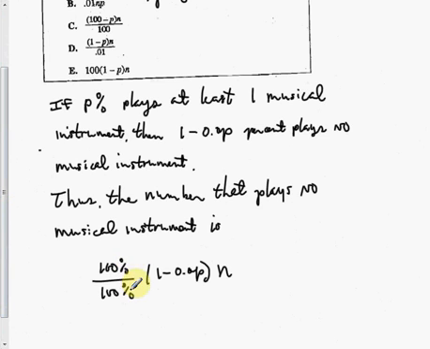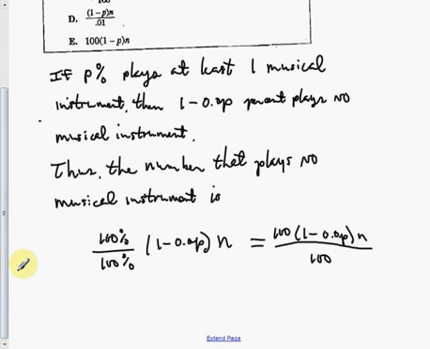So percent divided by percent, if you will, those percent signs cancel out. So what I have is 100 times 1 minus 0.0p times n all over 100. Don't cancel out the 100 because you'll miss the answer.